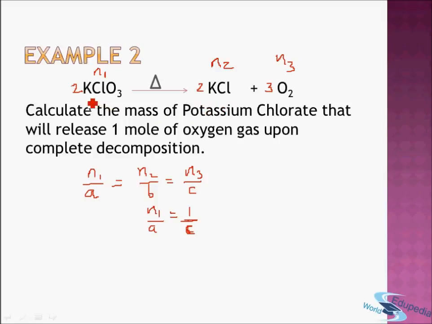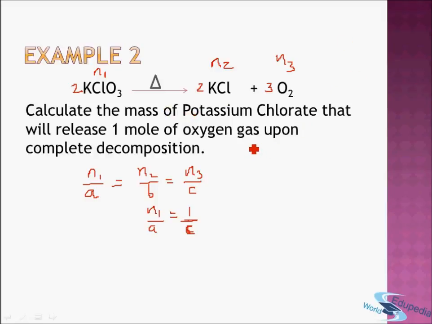Oxygen atoms on the left are 2 multiplied by 3, that is 6. On the right hand side oxygen atoms are 3 multiplied by 2, again 6. So now all 3 atoms are balanced, and the chemical reaction is balanced.